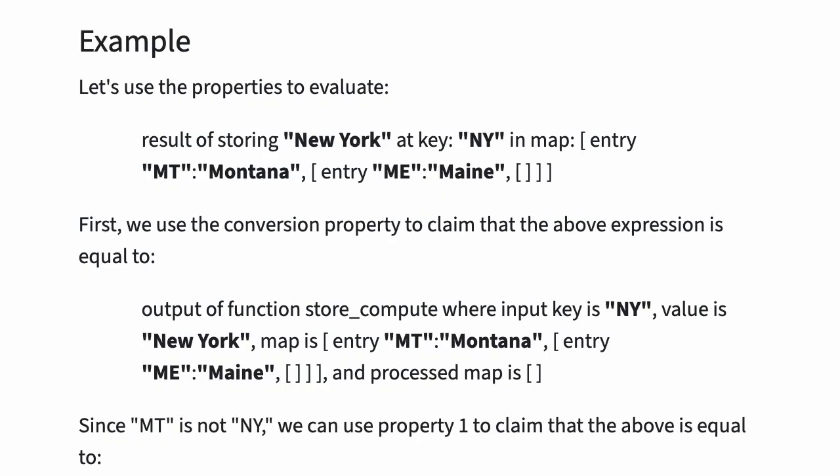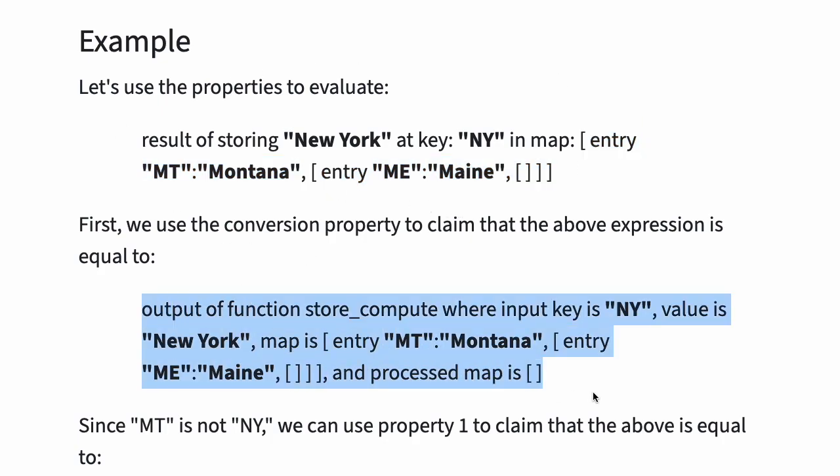Let's use the properties to evaluate the result of storing New York at key NY in map entry MT Montana, entry ME Maine. First, we use the conversion property to claim that the above expression is equal to the output of function store compute, where input key is NY, value is New York, map is MT Montana, ME Maine, and the processed map is empty.